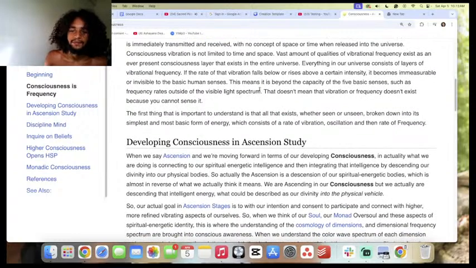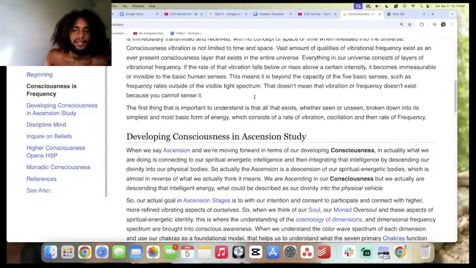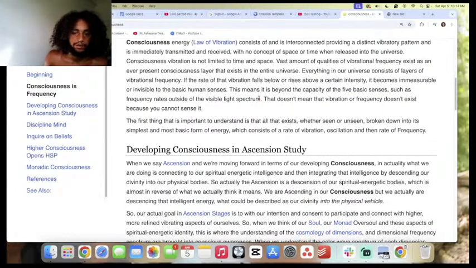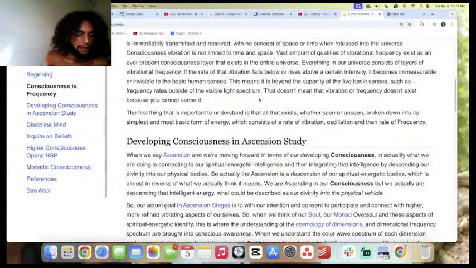But anyways, this means it is beyond the capacity of the basic senses, such as frequency rates outside of the visible light spectrum. So the 4th, 5th, 6th, 7th, 8th dimension you can't see right now, because your senses cannot perceive that.